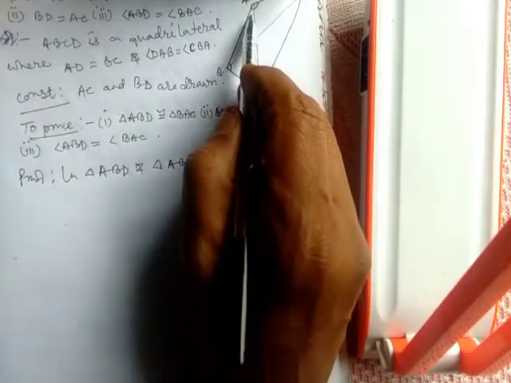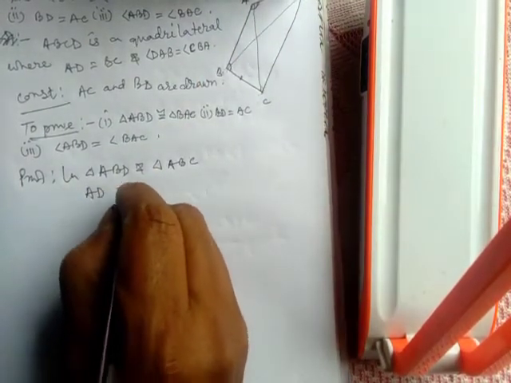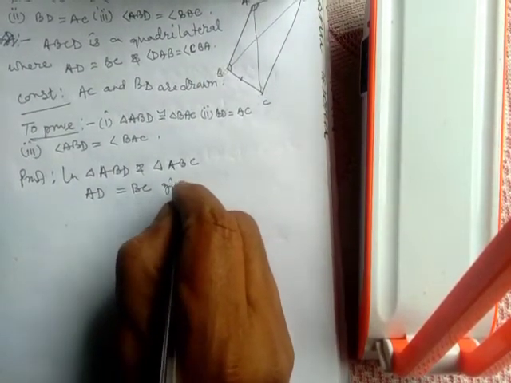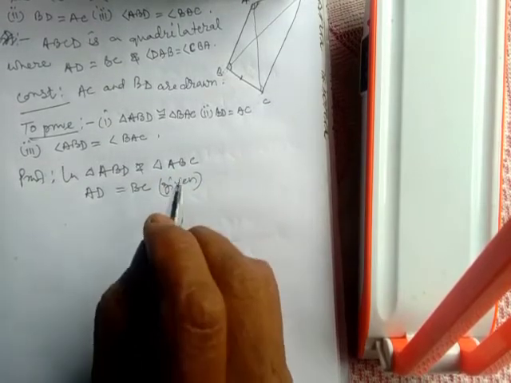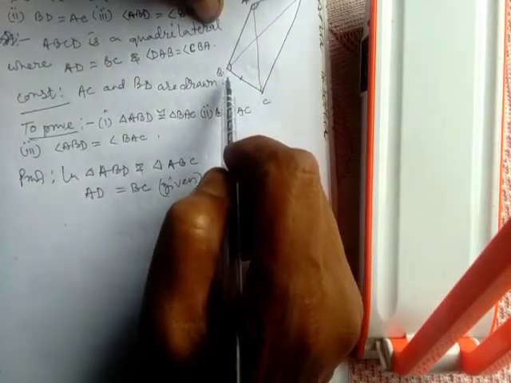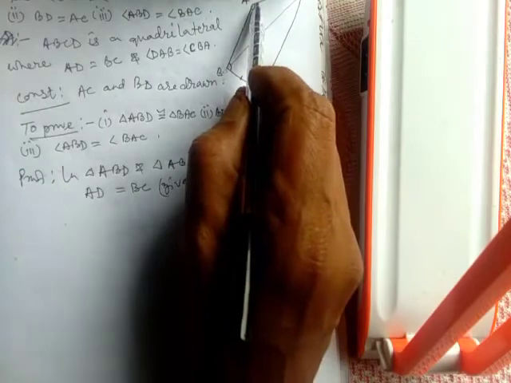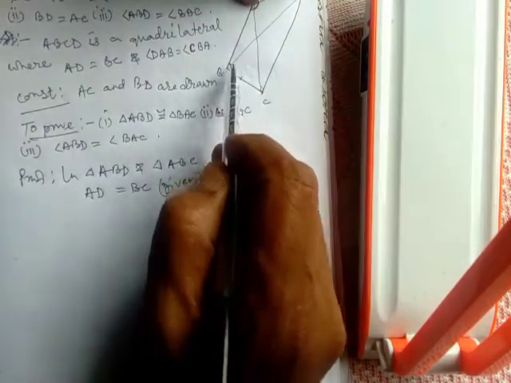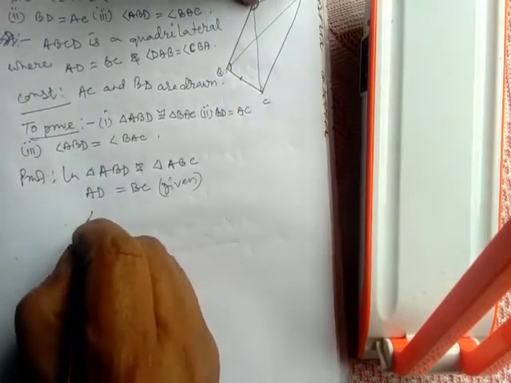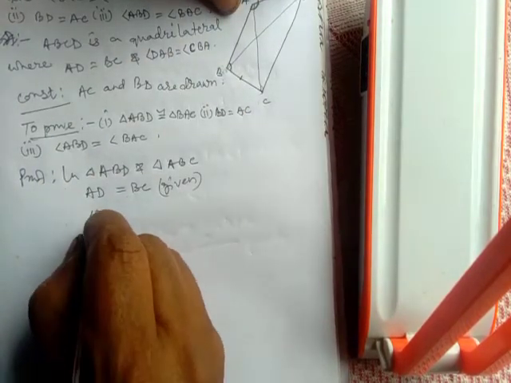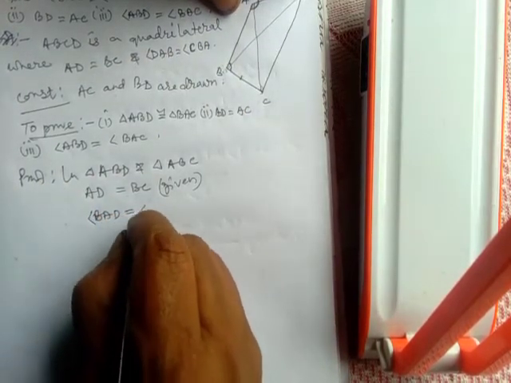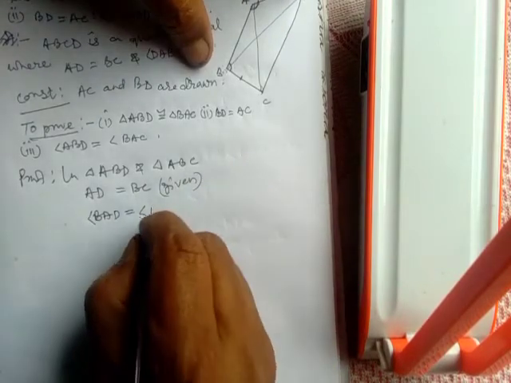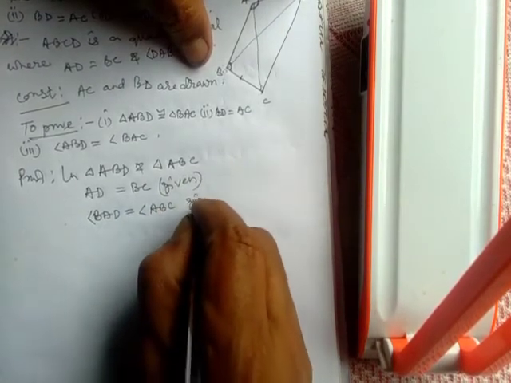In this triangle AD and in this triangle BC, AD is equal to BC, given. Also in triangle ABD and triangle ABC, angle BAD is equal to angle ABC. This is given.